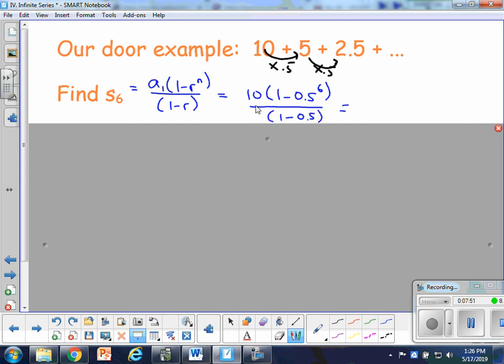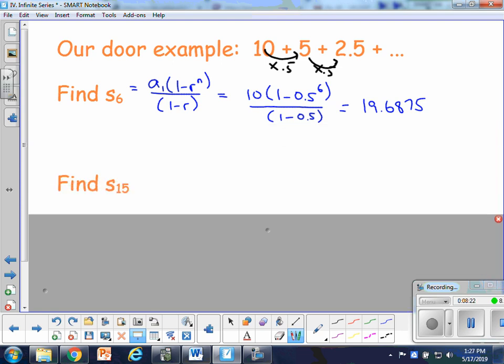So we calculate that out and get a value. Let me grab a calculator here. We have 10 times, make sure you're using the parentheses and enter it just as written, parentheses in the numerator and in the denominator. I'm getting 19.6875. So that would be the sum of the first 6 terms.